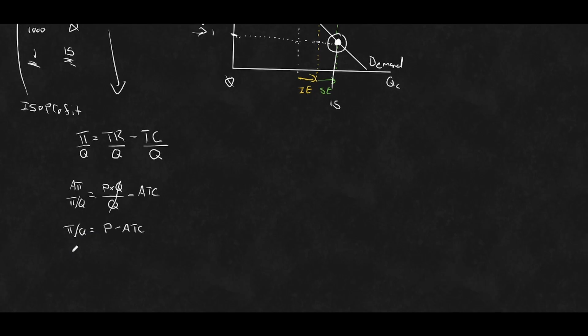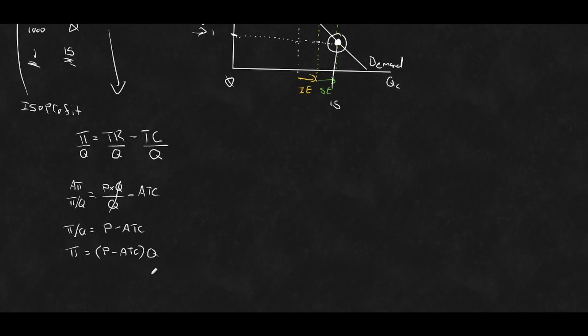From here, we can do one last little algebraic trick, and it's not really a trick, it's just, hey, let's isolate profit. And we can say that profit altogether is our profit per unit, profit per cup of coffee, times the number of cups of coffee that we sell. So what is the amount of money we're making per cup times the number of cups we sell altogether?